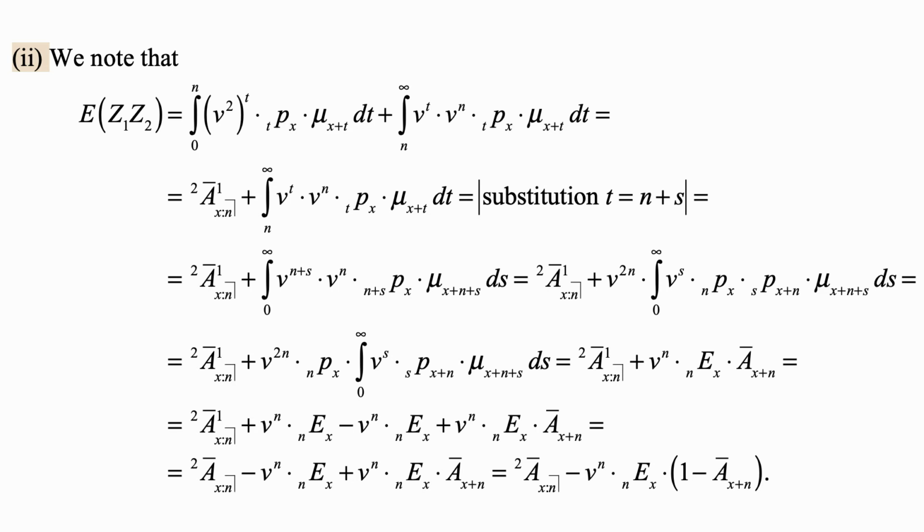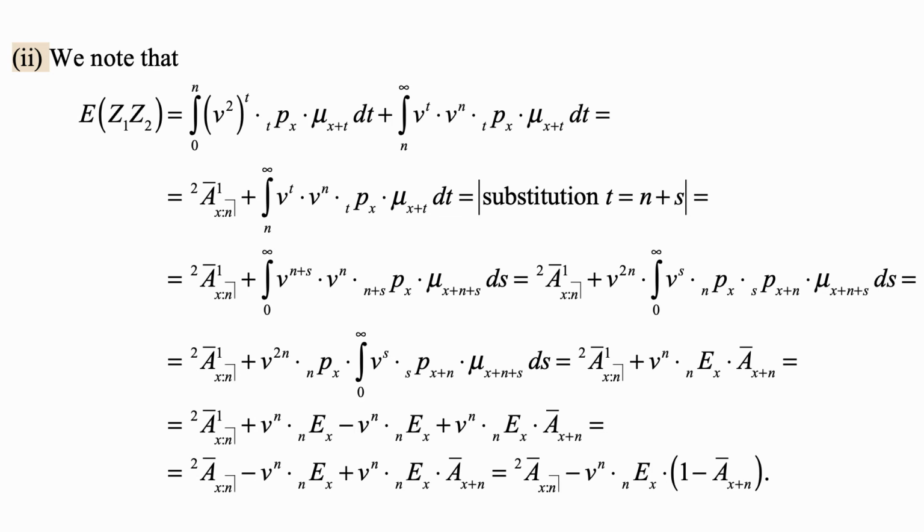That's equal to 2A bar x:n angle 1 plus v to the n times nEx times a bar x plus n. And now we add v to the n times nEx to the first expression and then subtract it.